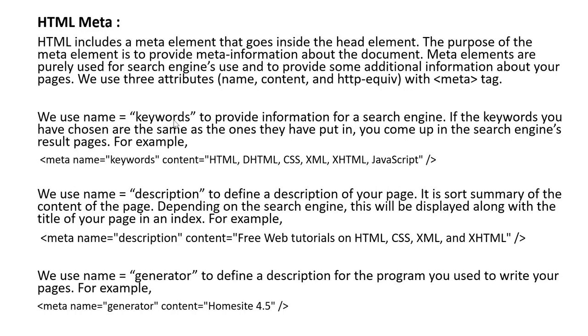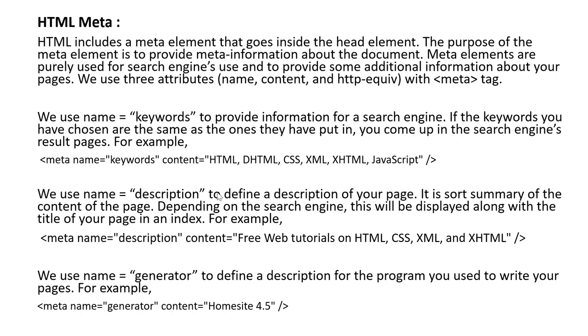We can use name equal to keywords to provide information for search engines. If the keywords you have chosen are the same as the ones they have put in, you come up in the search engine's result page. For example, meta keywords content HTML, DHTML, CSS, XML, XHTML, JavaScript.